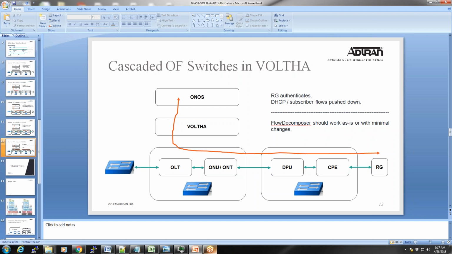Okay, thanks. Even though I have worked on this for a while, the difference between flow and layer 2 VLAN is still a little bit confusing to me.